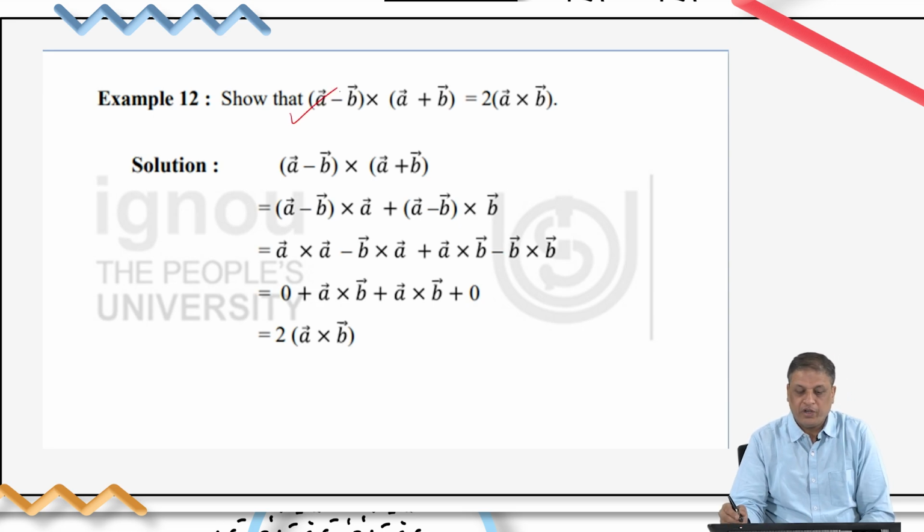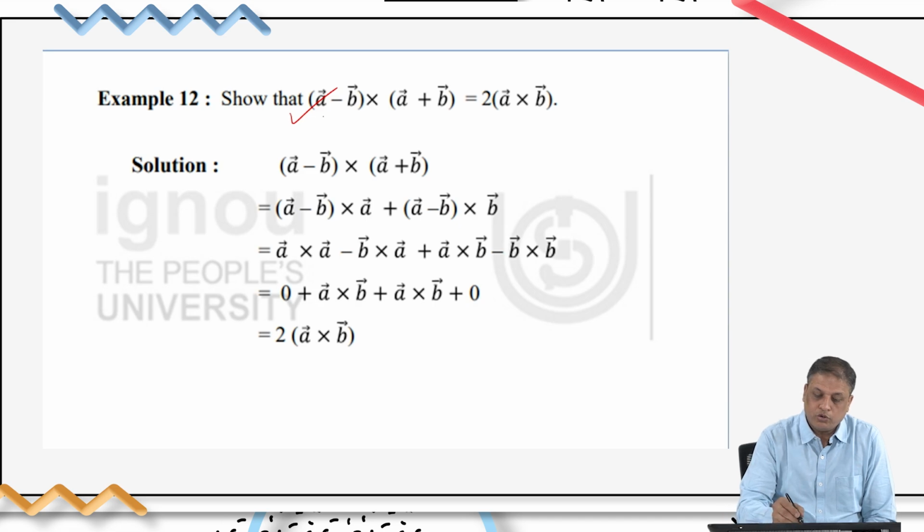Now, over here we are with another example, and we are supposed to show that A vector minus B vector cross product A vector plus B vector is equal to 2 times A vector cross B vector.